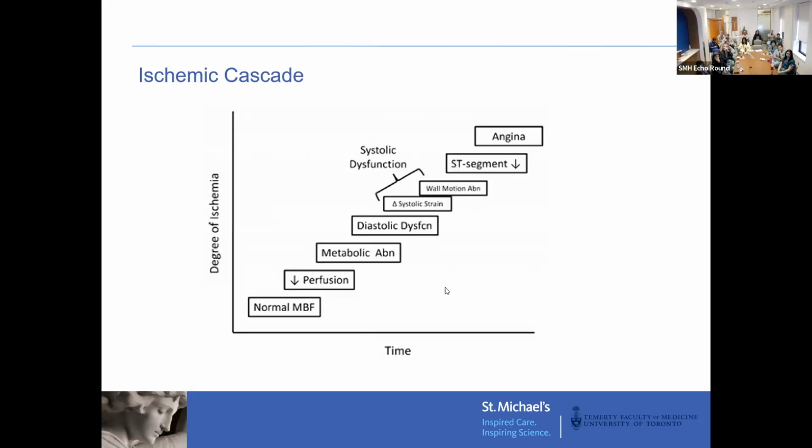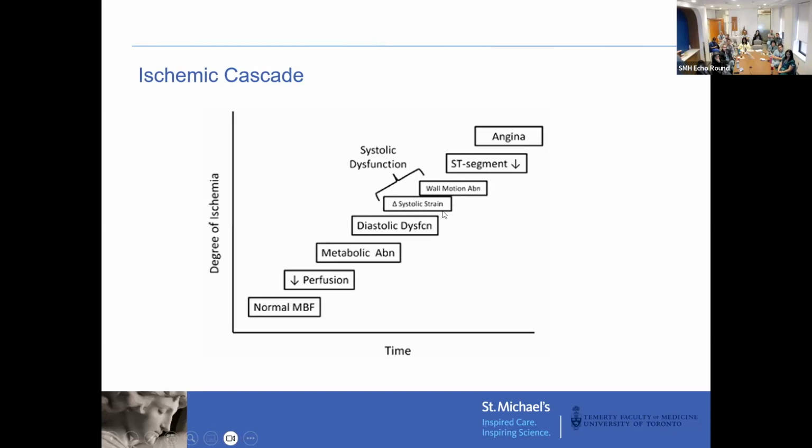So just briefly chatting about the ischemic cascade, as we all know, you first have normal myocardial blood flow, and then you end up having a decrease in your perfusion, which precedes metabolic abnormalities and cellular changes. Then you have diastolic dysfunction, which you can detect also with stress echo. But the primary role of stress echo comes in right afterwards when that progresses into causing changes in wall motion abnormality and systolic strain.